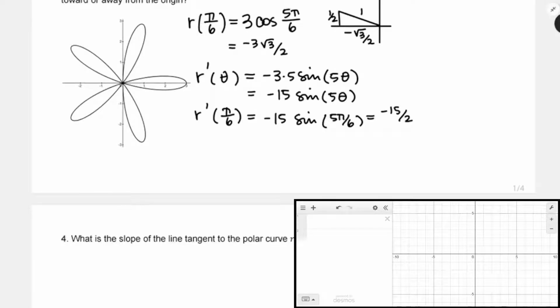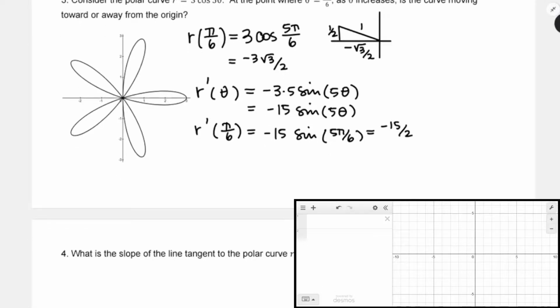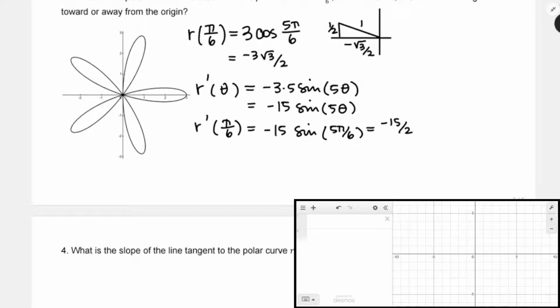Let me check which direction 5 theta goes. I'm pretty certain it's going to be over here. So r is negative and decreasing, so it's getting more negative.